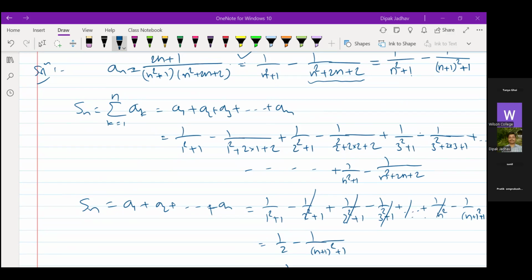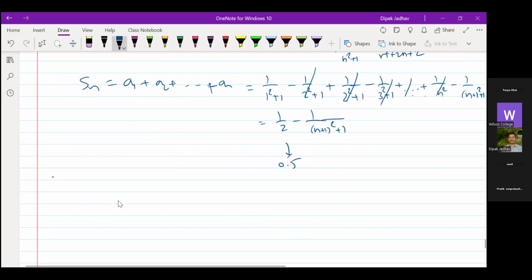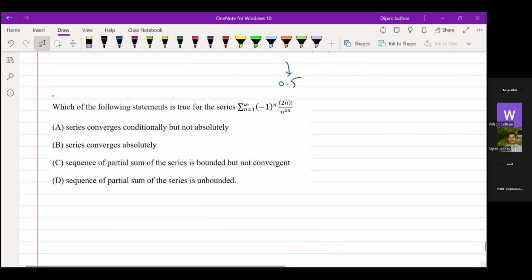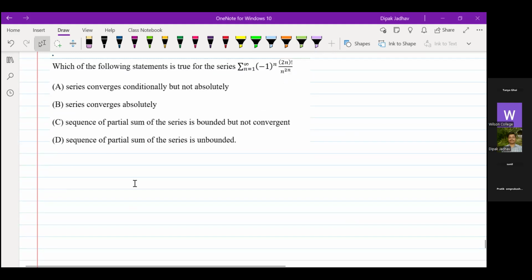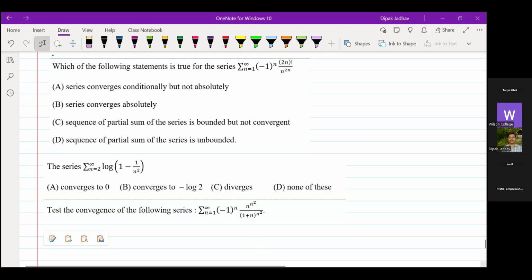I'll give some sums. Try them. I hope the sums are visible to all of you.